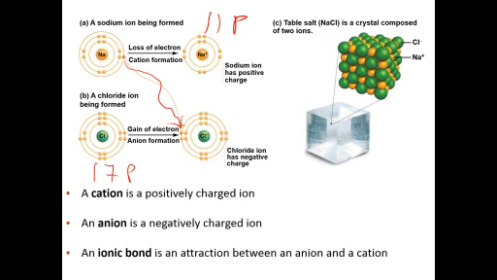Alright, so now when you look at the number of electrons, well, initially you have 11 electrons in sodium, and you have 17 electrons in chlorine. Well, what happens when you have this donation of electrons from one atom to the next?